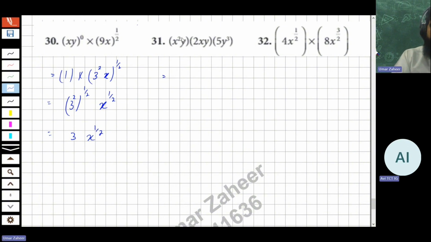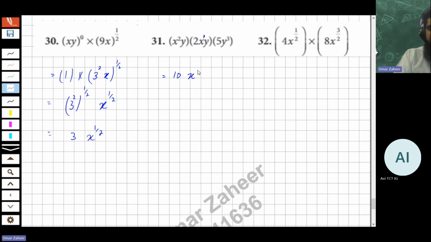Yeah. Now here they are multiplying. So first of all, multiply the numerical values. If you have the sign, first of all you have to multiply the sign, then numerical values, and then you have to deal with variables. So 1 multiplied by 2, that will be 2. 2 multiplied by 5, that will be 10. Now, bases are same. They are multiplying x raised to power 2, x raised to power 1.